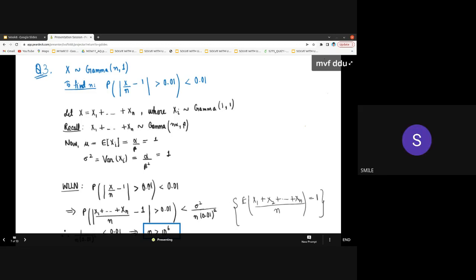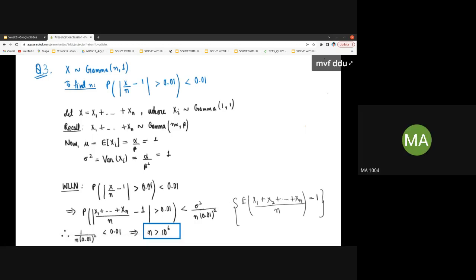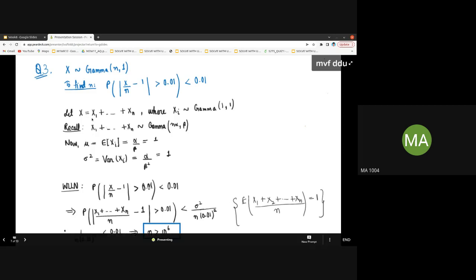So we have broken it into n gamma random variables with parameters 1 and 1. From there, each random variable's expectation is alpha by beta, which will be equal to 1. Variance will also be equal to 1, because alpha and beta are 1 for all the x's.